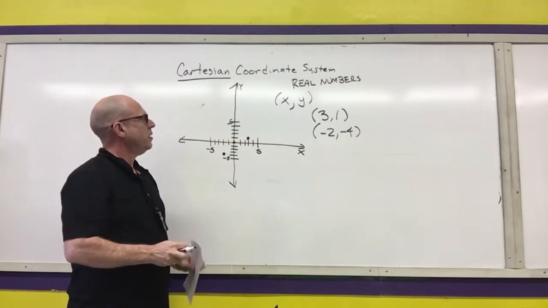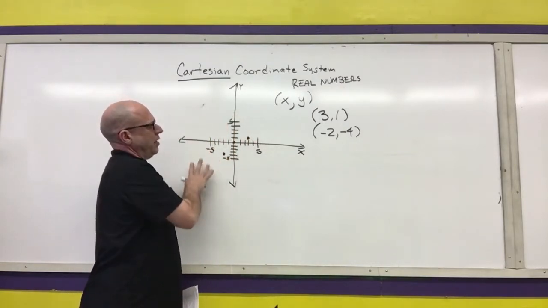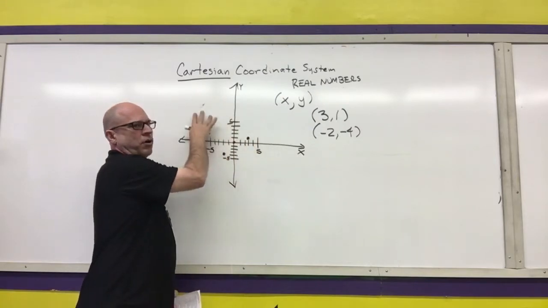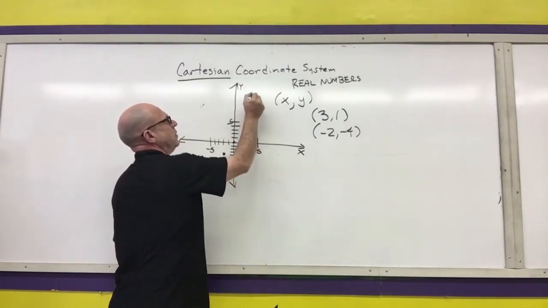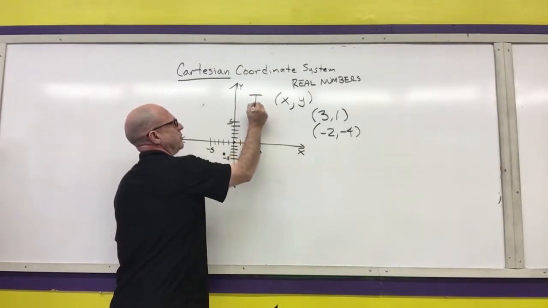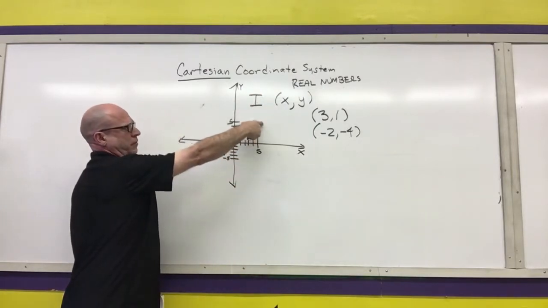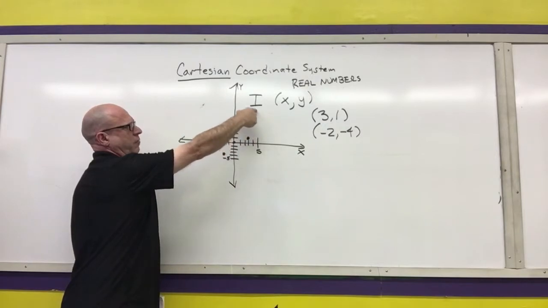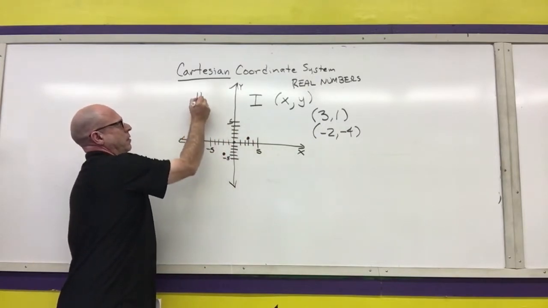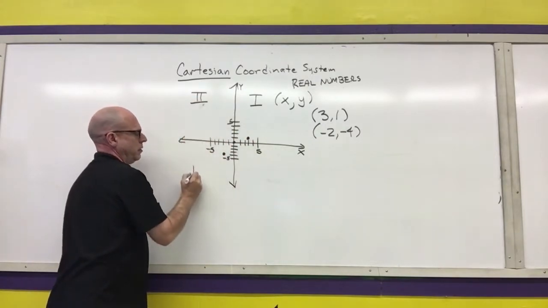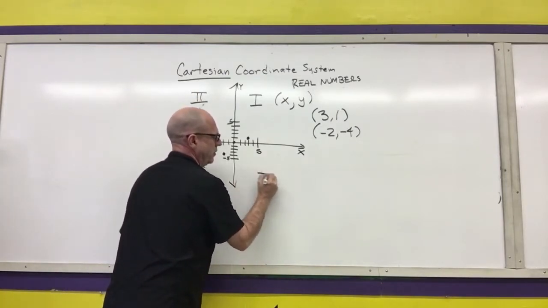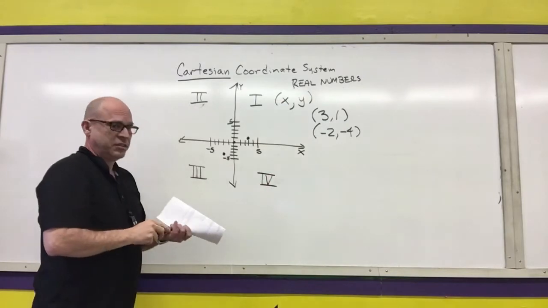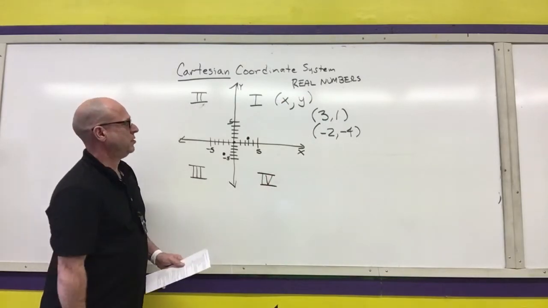Also in review, the Cartesian coordinate plane is divided into 4 different half planes, and we call those half planes quadrants. We number the quadrants, starting with the upper right-hand quadrant as quadrant I with a Roman numeral, quadrant II, quadrant III, and quadrant IV.